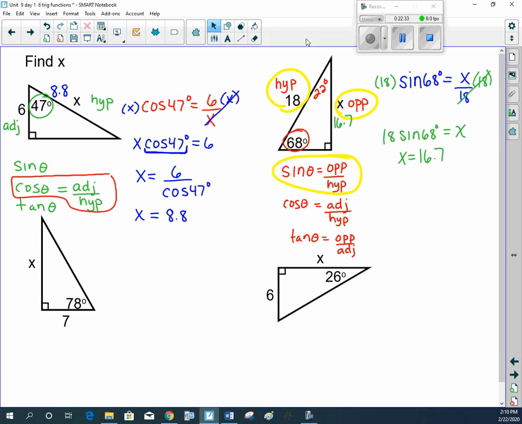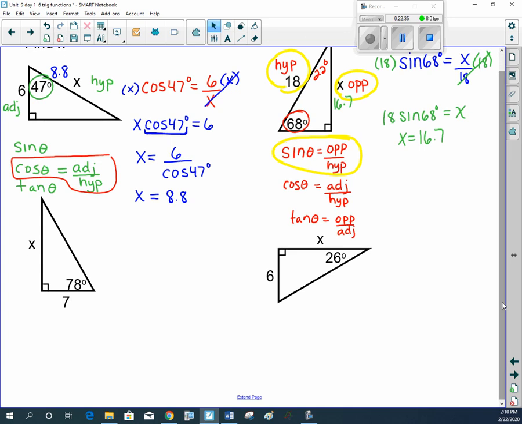Okay, come down here. We got two more to try. So once again, you can use this angle up here at the top of 12 degrees if you wanted. I think I'll just do what's given. I'll use the 78 as my theta. So if this is theta, then this side is opposite, and the 7 is considered the adjacent side.